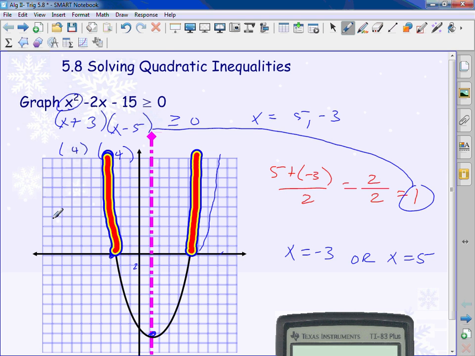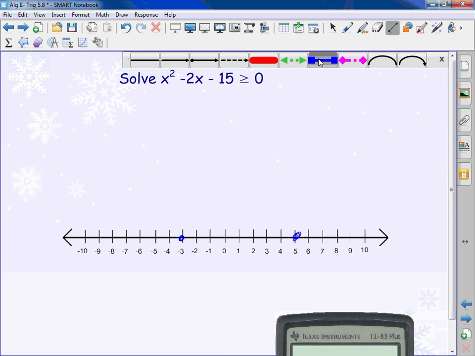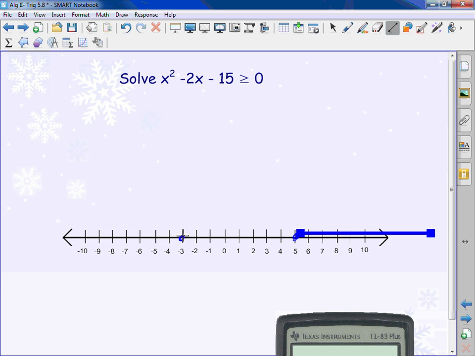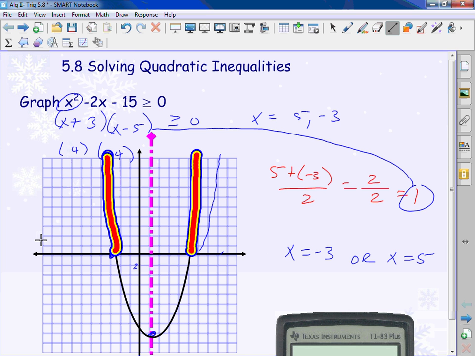It has to go this way. So my arrows go this way and this way. It's an or statement. When I graphed it, it was greater than 0 at those 2 points.